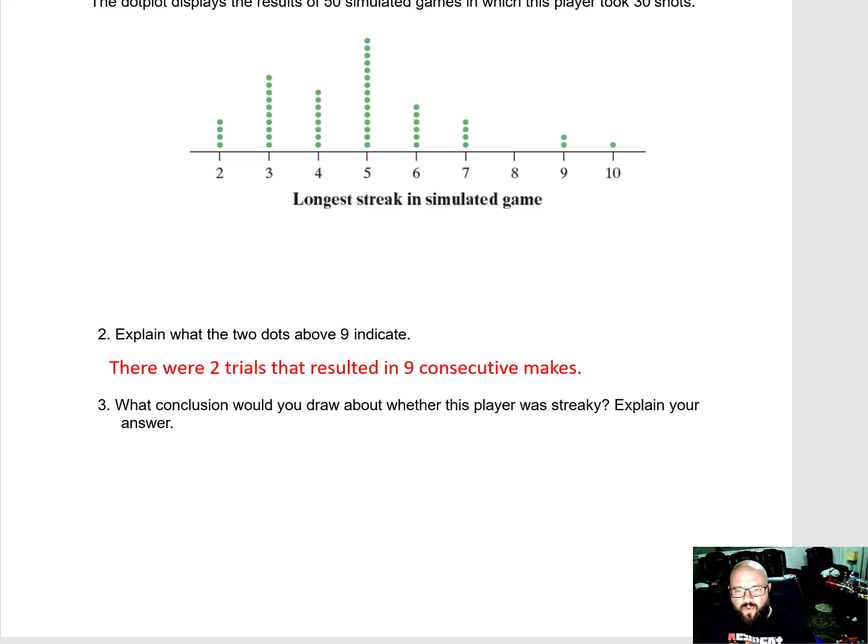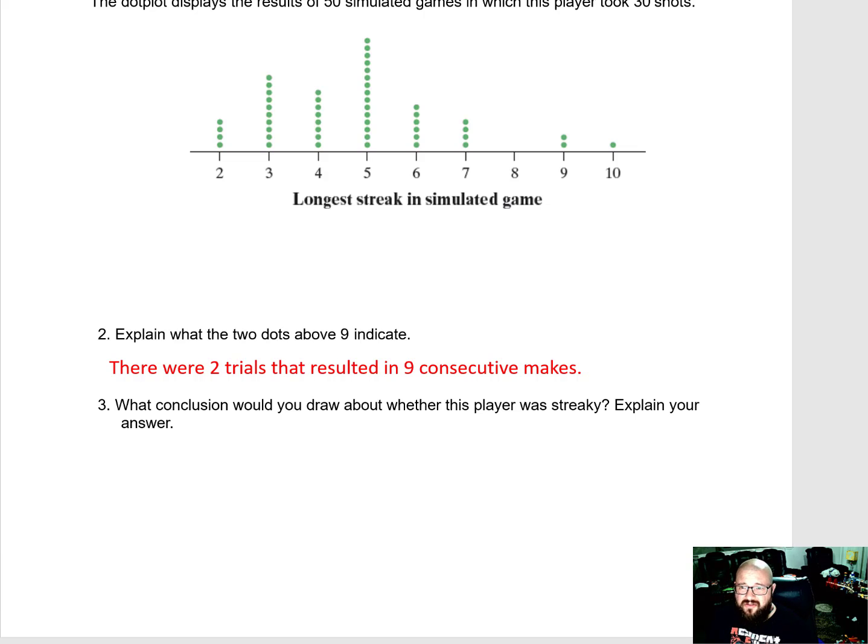Number 3: what conclusion would you draw about whether this player was streaky, and explain your answer? Looking at it, from the 50 simulated trials, there was only 1 out of 50 that was a streak of 10 or more.